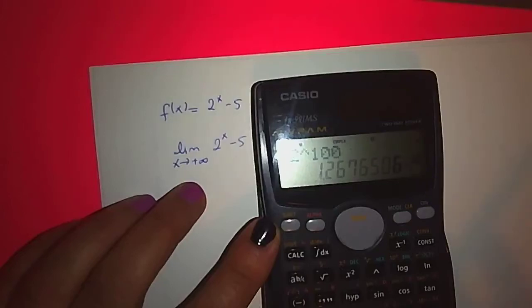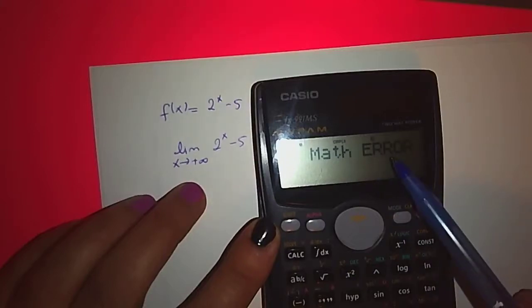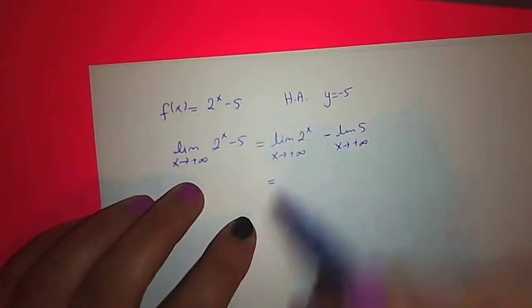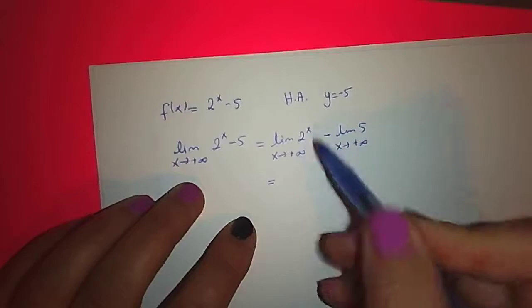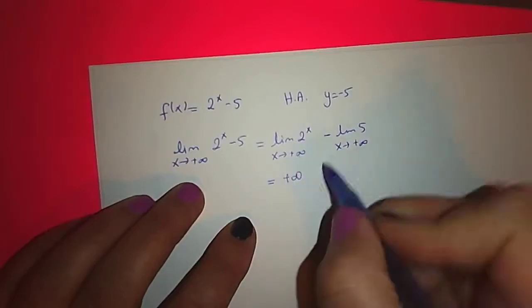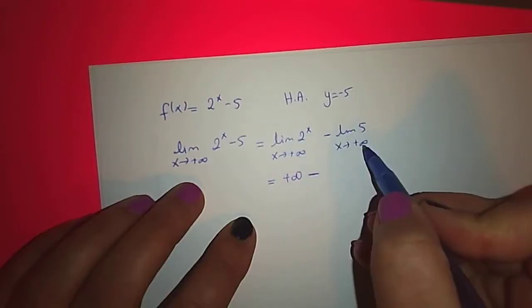So that's a very big number. If you try to substitute an even bigger number, your calculator won't be able to calculate it. It is so big. So therefore, we can say that as x approaches positive infinity, the limit of 2 to the x approaches positive infinity. Now we are going to subtract the limit of 5 as x approaches positive infinity.